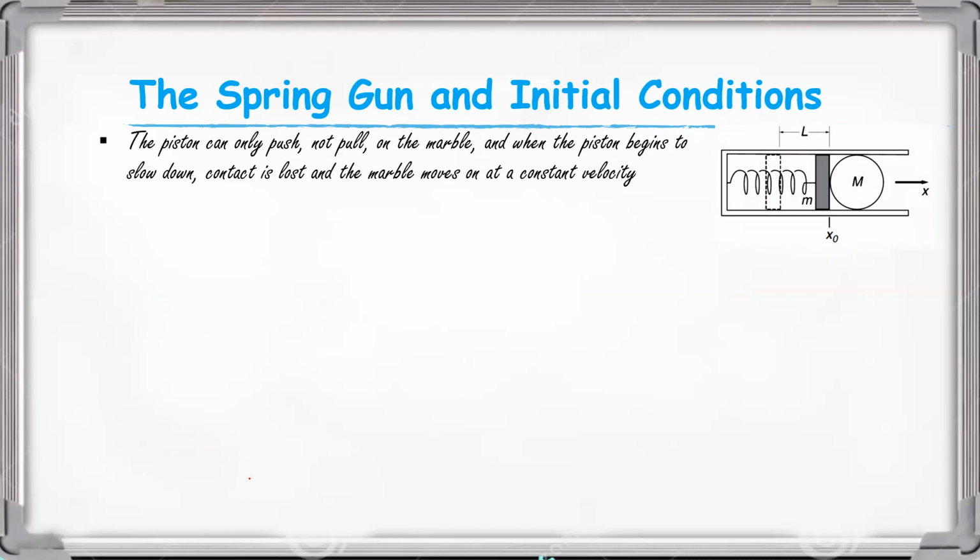The piston can only push, not pull on the marble. And when the piston begins to slow down, the contact is lost, and the marble moves at a constant velocity.